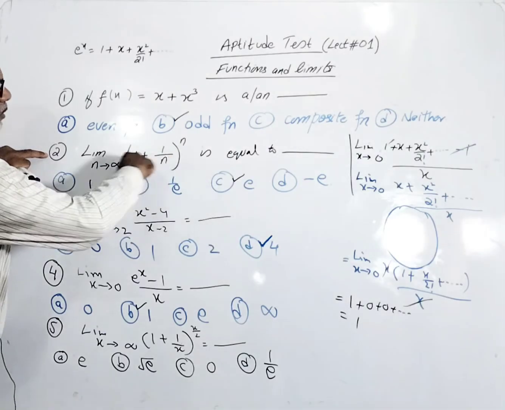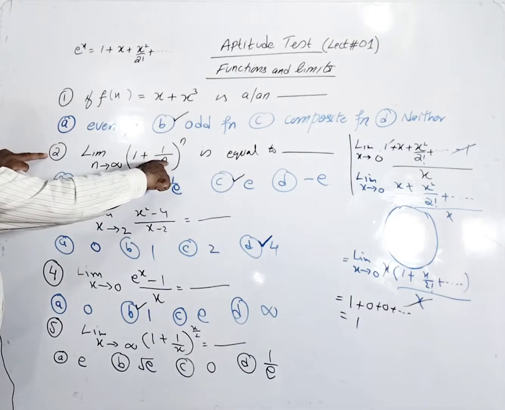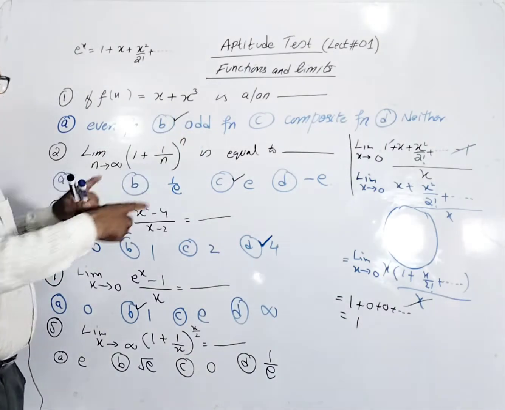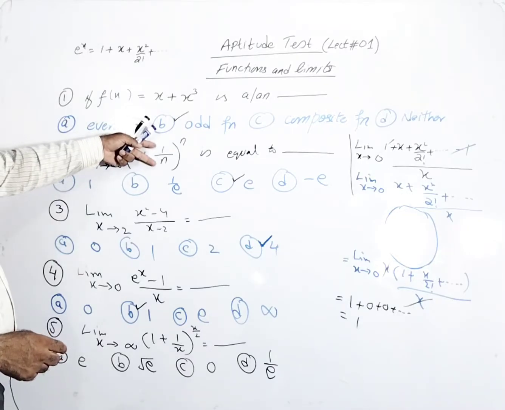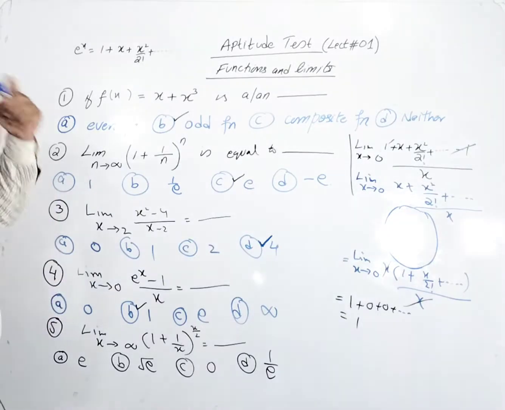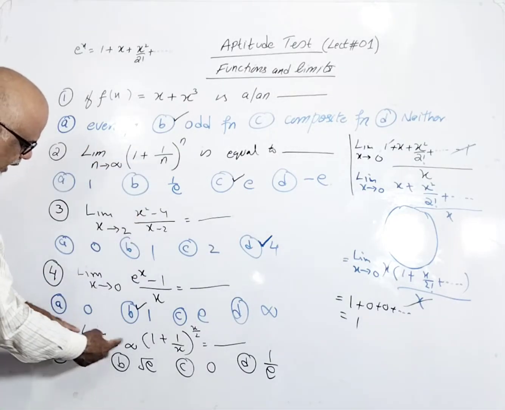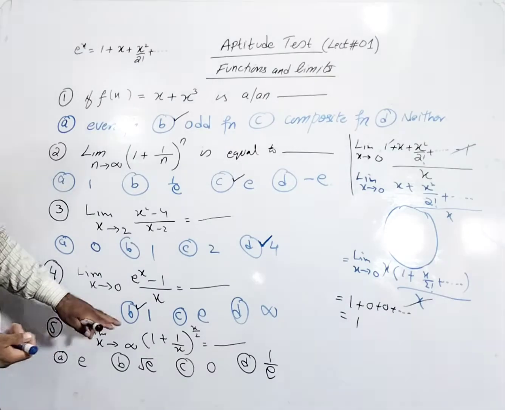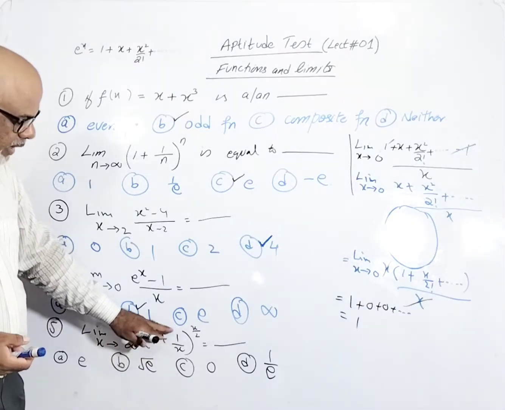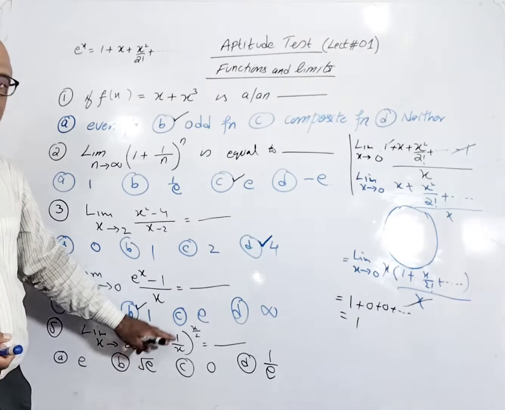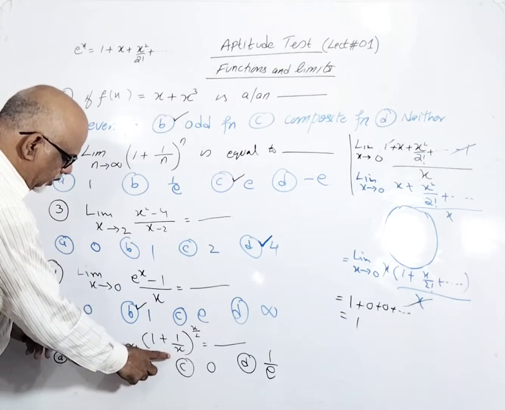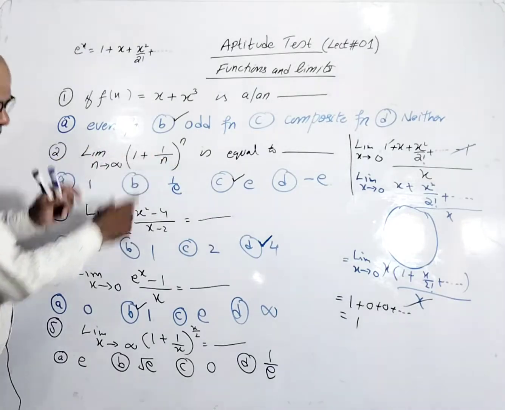This is the general formula: 1 plus 1 upon x, the reciprocal of this 1 upon n is n, so it will be equal to e. So remember this general formula in your mind. So here we have to apply this formula. This is 1 plus 1 upon x. So the reciprocal of 1 upon x will be equal to x, but this is x upon 2. So we have to write this equation in the general form here.